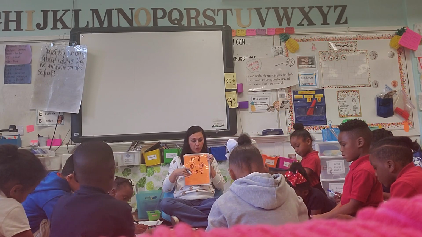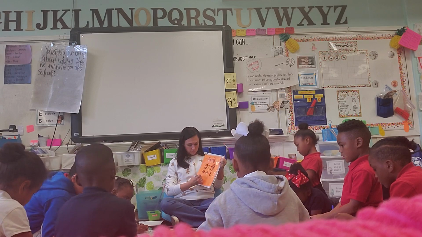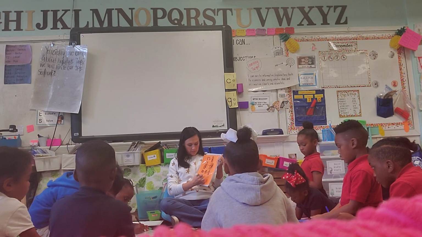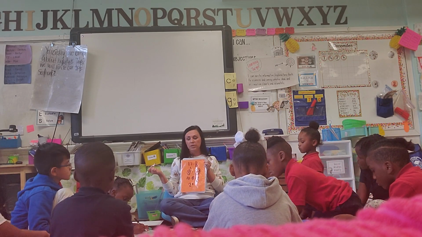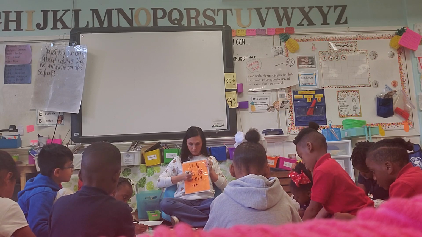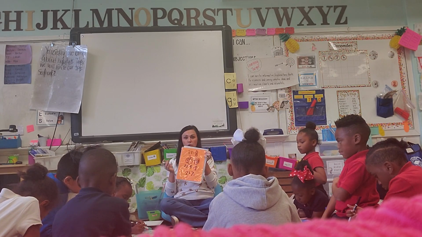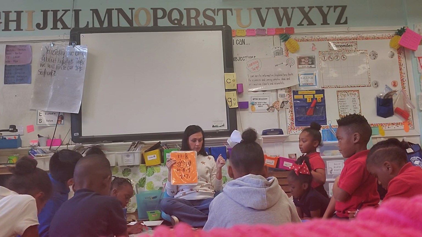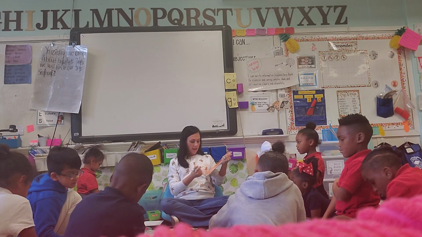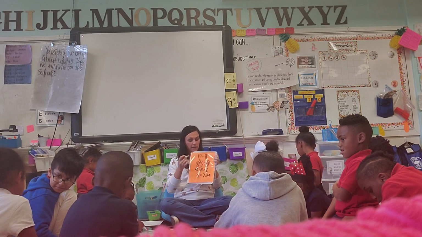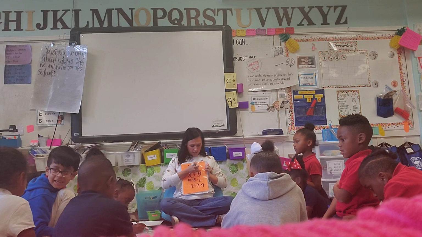Now when you bring your 2 down to the ones place, how many was in the ones place? 7. 2 plus 7 is 9. Okay. 17 minus 8 equals 9.